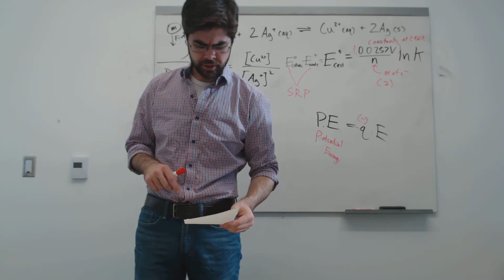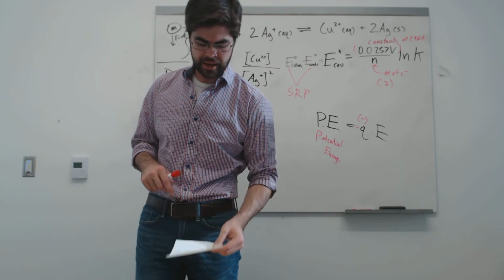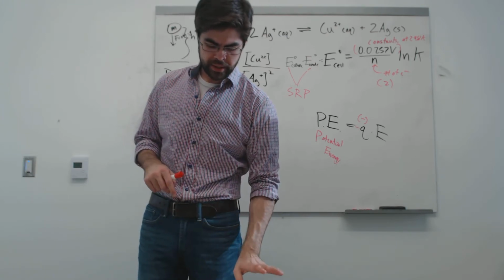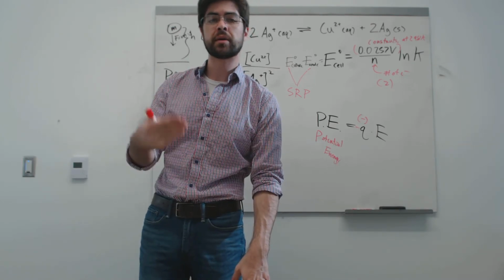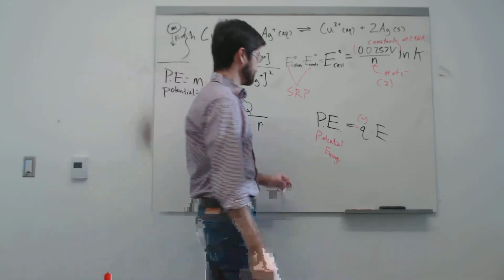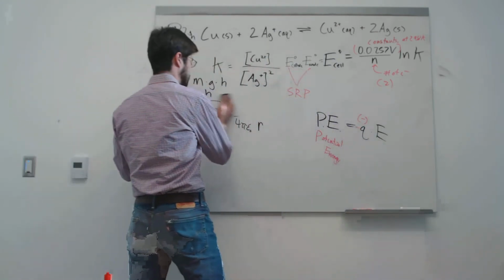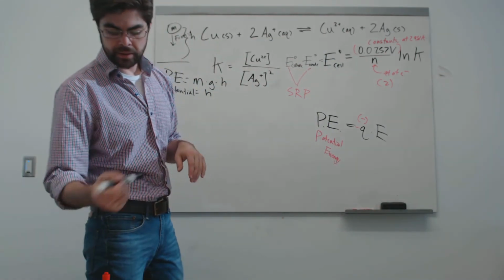For the standard reduction potential chart, does having a negative or positive value mean it can gain electrons more easily? A positive value means that the substance gains electrons more easily. I remind myself of that by noting that fluorine is always at the top of the table.